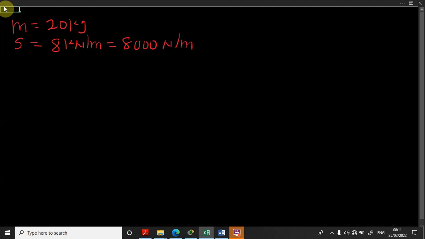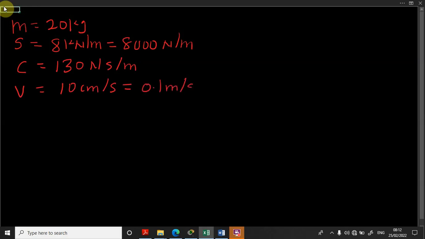We have been given the total damping force, that is c, should be 130 newton seconds per meter, and also we have been given the velocity as 10 centimeter per second, which in meters is 0.1 meters per second.